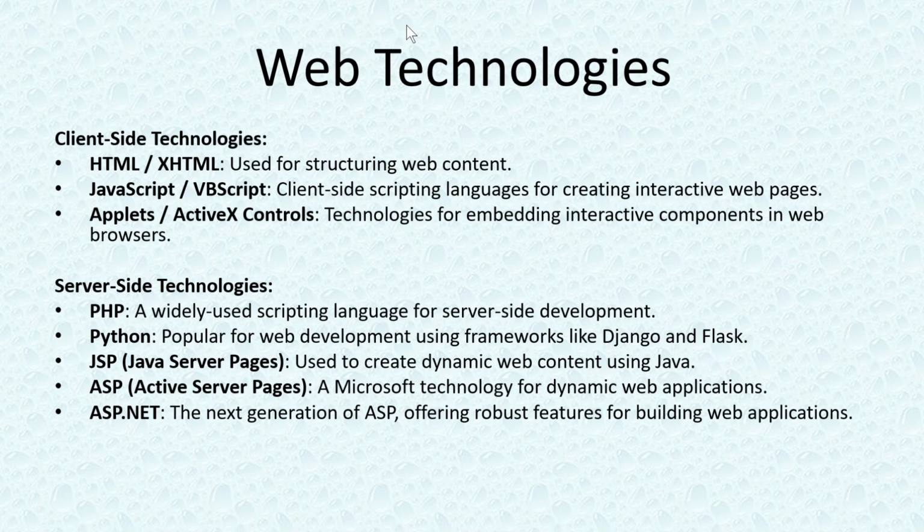Java Server Pages, JSP, is used to create dynamic web content using Java. Active Server Pages, ASP, is a Microsoft technology for dynamic web applications. ASP.NET is the next generation of ASP, offering robust features for building applications. For this course we will see HTML, JavaScript and PHP.